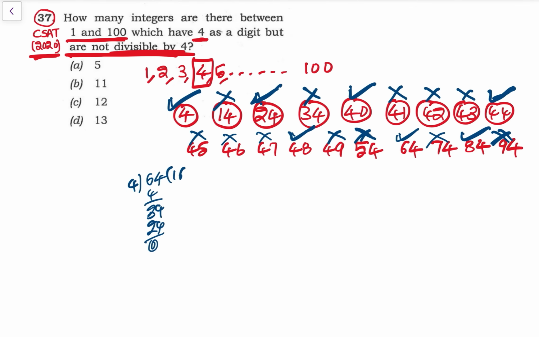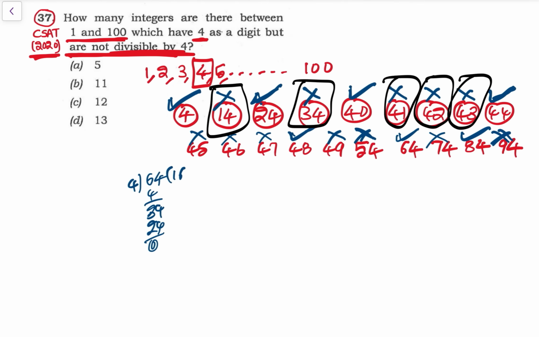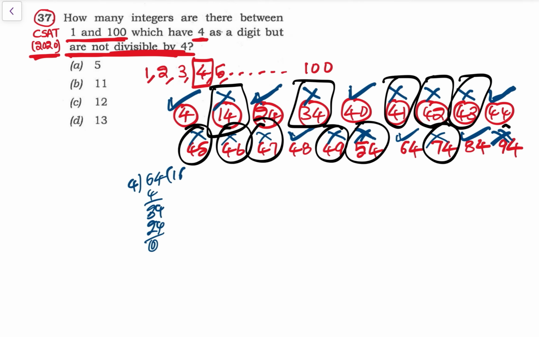So how many are there? Not divisible is what we need, right? So the not divisible ones are 1, 2, 3, 4, 5, 6, 7, 8, 9, 10, 11, 12. So 12, option C is the correct answer.